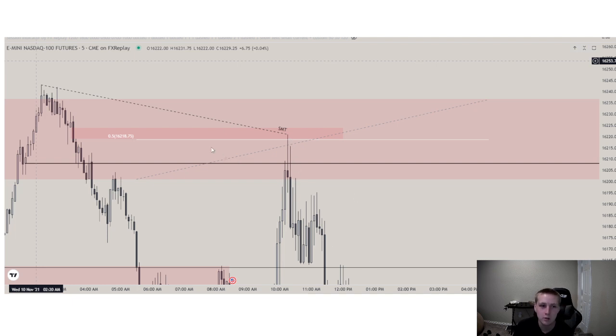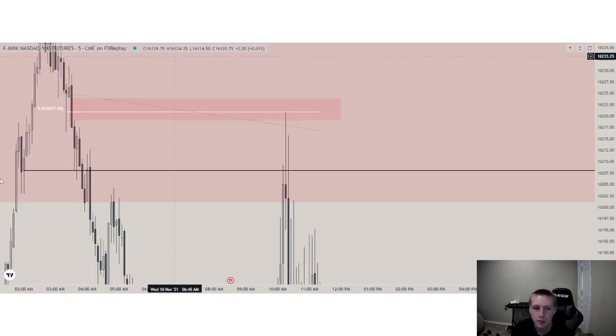And I do want you to really think about this because there was something very algorithmic within this delivery. Right there, that's what it is. Constant encroachment of this wick. If you map that out, boom. That was the perfect high. This now becomes a wick that you can use, or a wick that's of importance, because it's overlapped with a fair value gap.